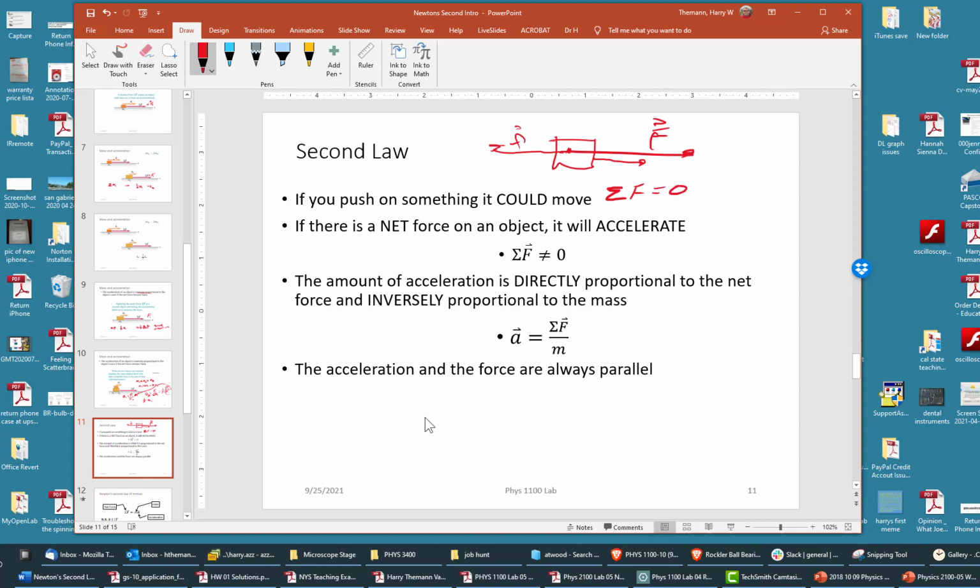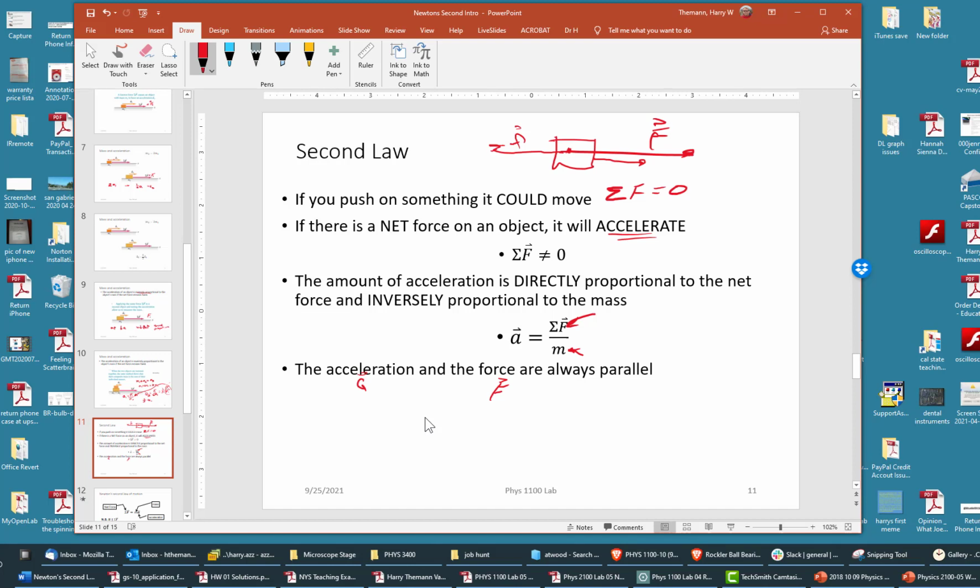Now, if the sigma F, the net force, is not equal to 0, then it has a net force, and it will accelerate, always, always, always. And the amount of acceleration is directly proportional to the net force and inversely proportional to the mass. And note that a and F are always parallel.